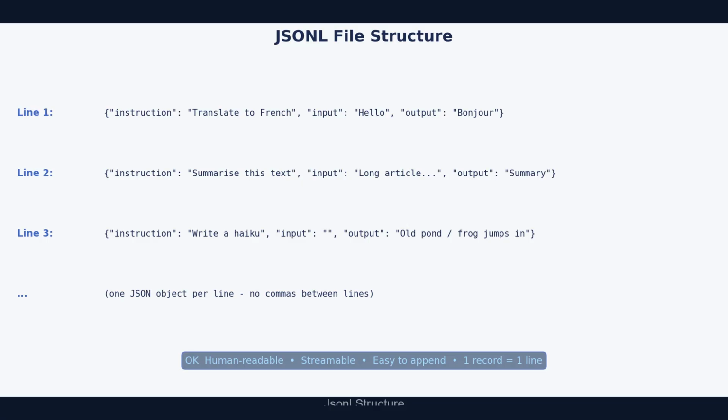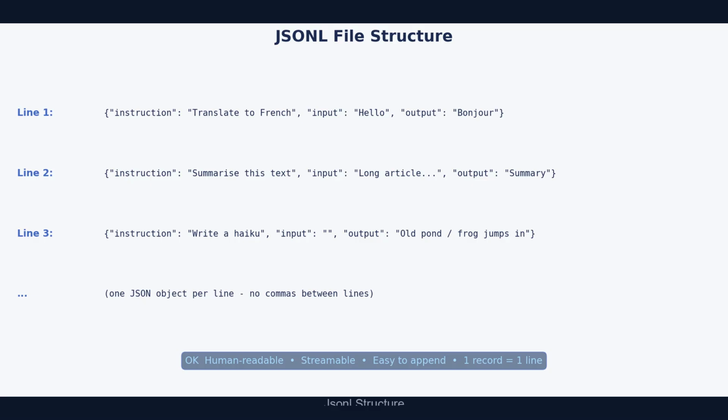This diagram shows the anatomy of a well-formed JSON-L file. Each line is a complete JSON object. No commas connecting lines, no wrapping array. The three fields, instruction, input, and output, appear consistently on every line. The examples cover different task types: translation, summarization, creative writing. That variety is intentional.